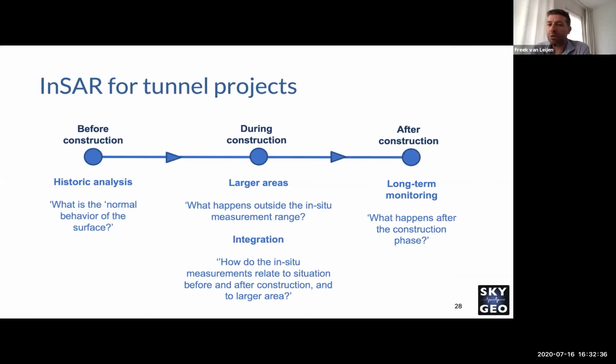But in general, with X-band, because they have a shorter wavelength, the precision of the measurements is better, and typically the resolution of these systems is a little bit better, so you also get more points. So if possible, for such a project, you would in principle prefer X-band data, if you had to choose between the two.